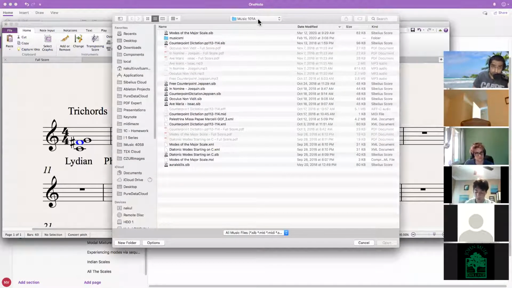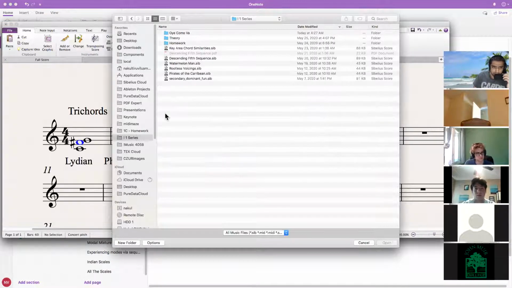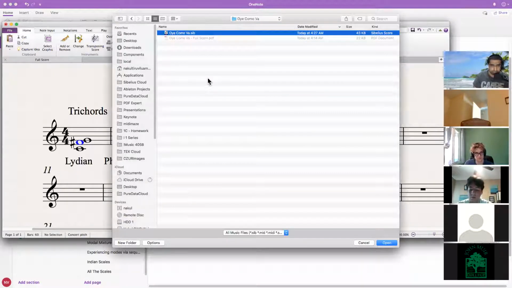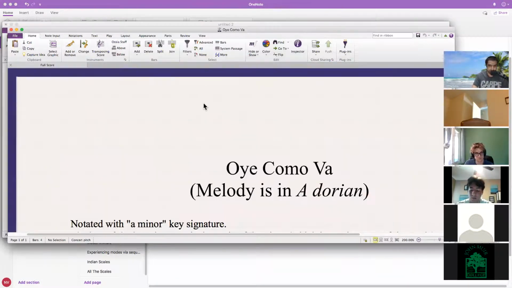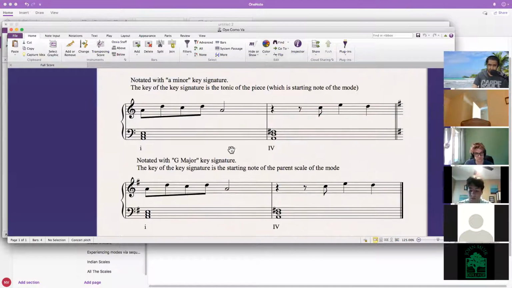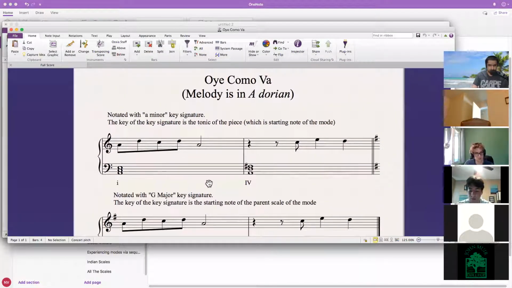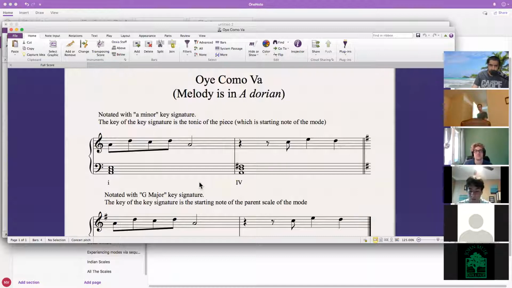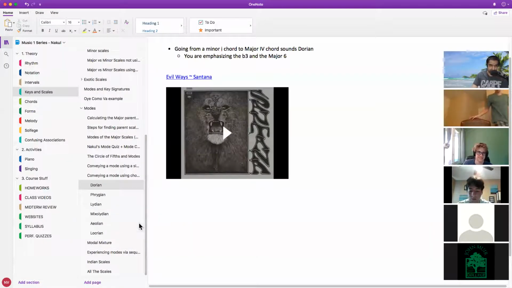It's a great example of a modal chord progression, if you know that song. And basically what it is is the following. I'm almost certain I put this somewhere. Where did I put this? On the one note. Well, it doesn't matter. Oye Como Va. What you have is the one, okay, I know where I put this.